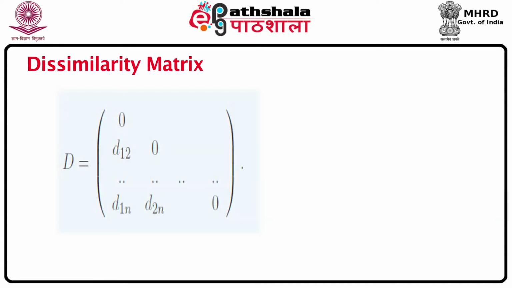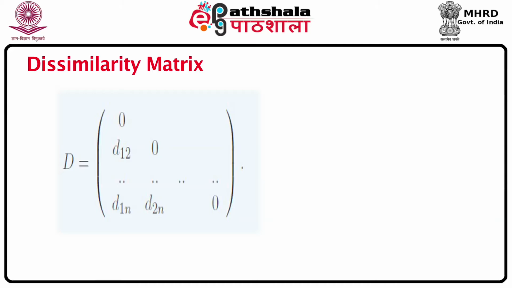The distance D12 is the distance between the first individual and the second individual. Similarly, for the ith and the jth individual, we will have a distance Dij, which will be on the ith row and the jth column of this matrix.